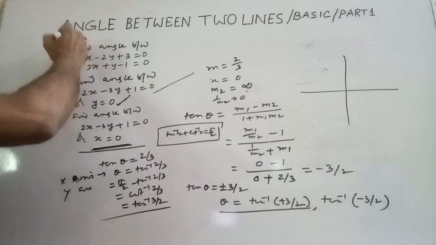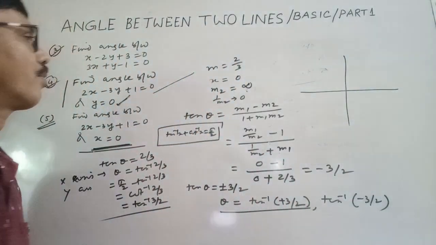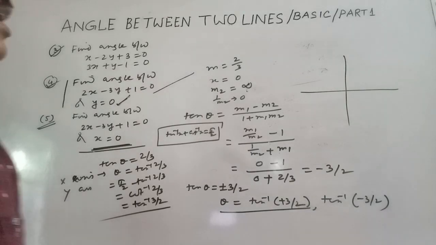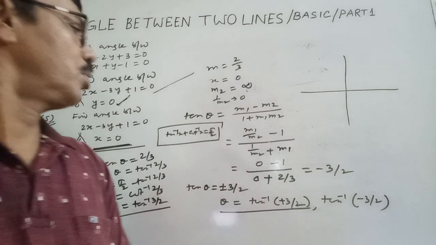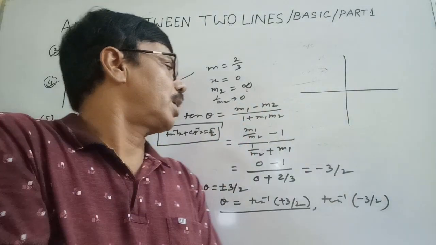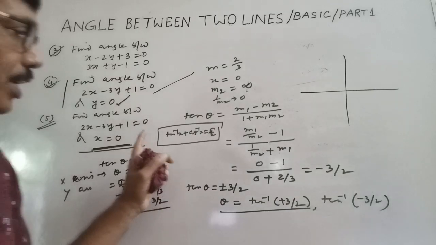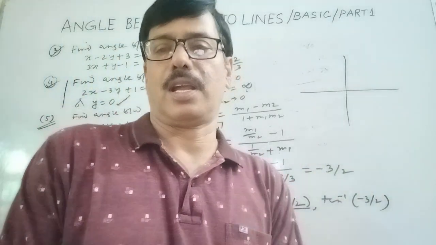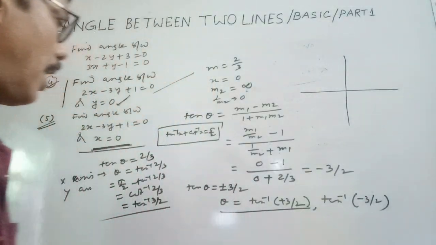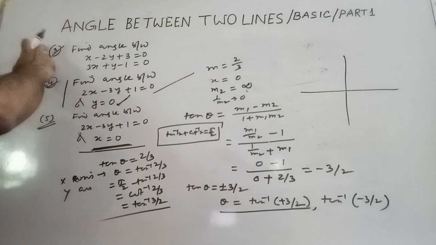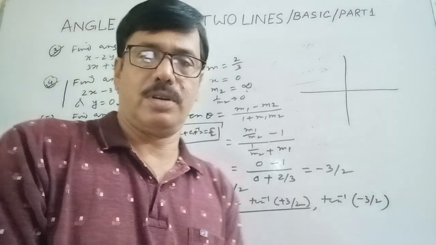So today I have discussed how to find the angle between two lines, that is tan theta equals plus minus m1 minus m2 by 1 plus m1 m2. So the condition of parallel lines, the condition of perpendicular lines, and the angle between two lines, they have practical uses.